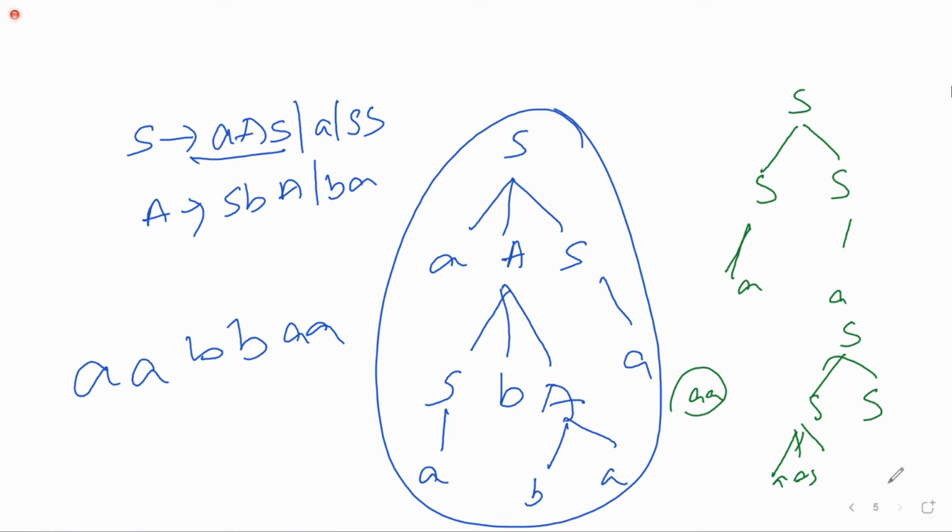Am I clear with this? What is a parse tree? I think you got the clarity, right? If they give you the string, you have to follow that. Otherwise, whatever string you are able to generate, you can generate. That is nothing but a parse tree. I think it is clear.